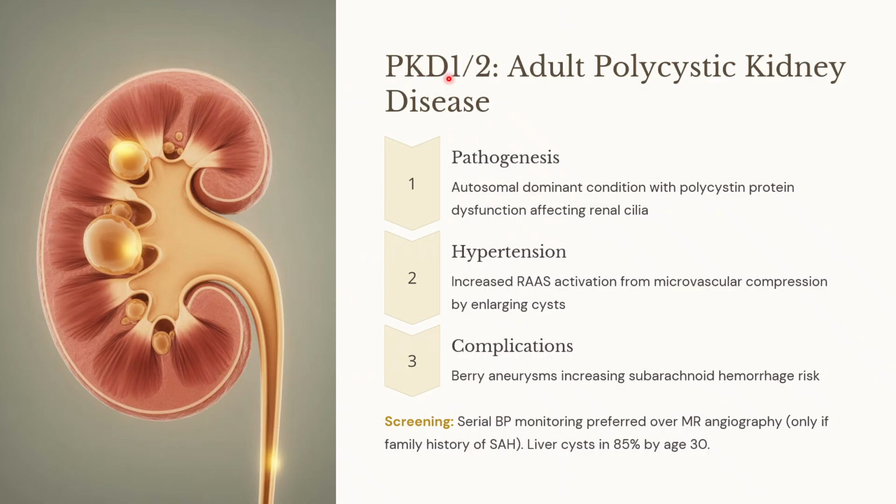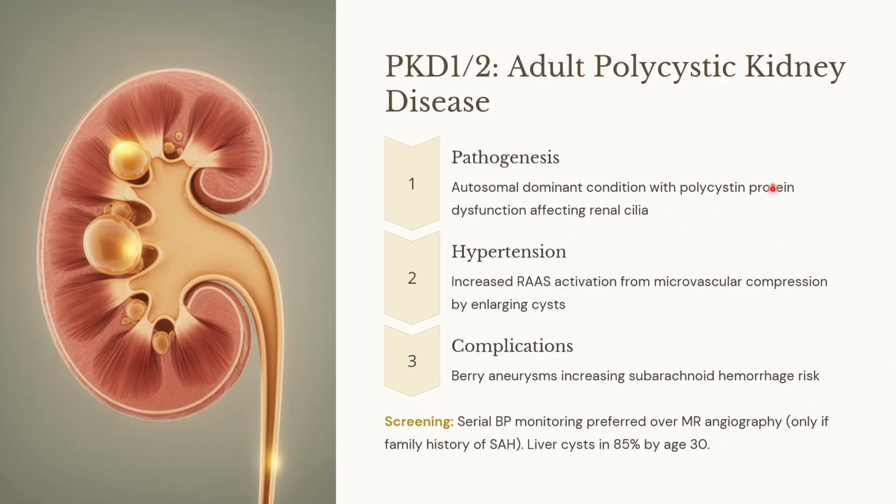PKD1 and 2. This will result in adult polycystic kidney disease. This is an autosomal dominant condition resulting in polycysts in the kidney. Why do we have cysts? What is the defective protein? The defective protein is polycystin. This polycystin is in the renal cilia.